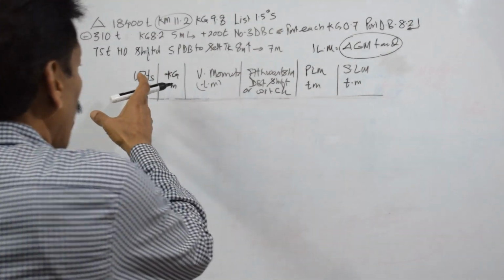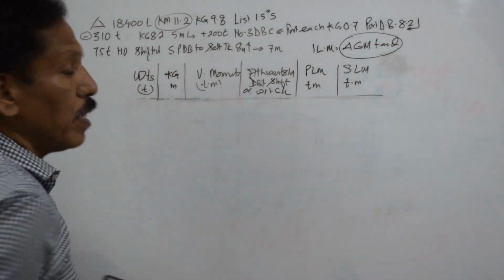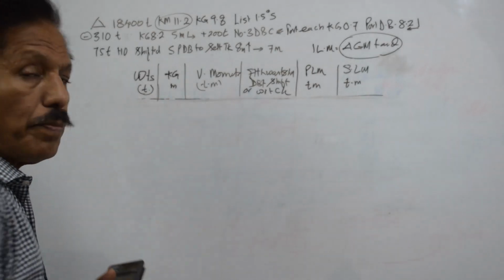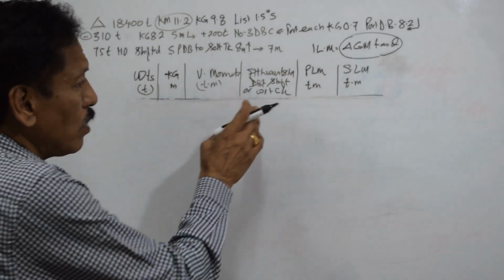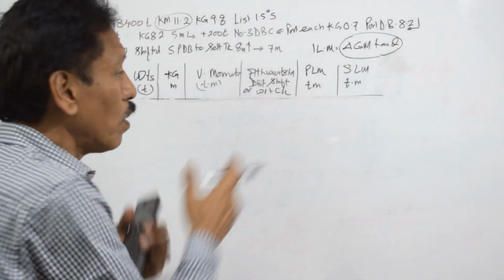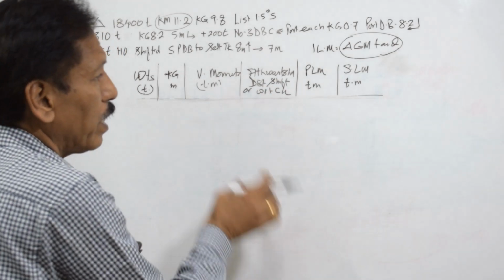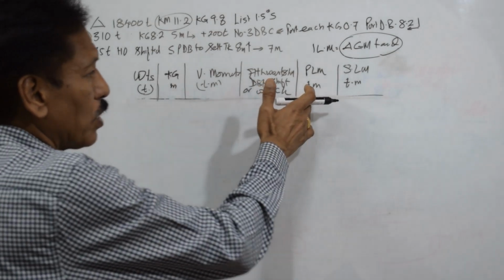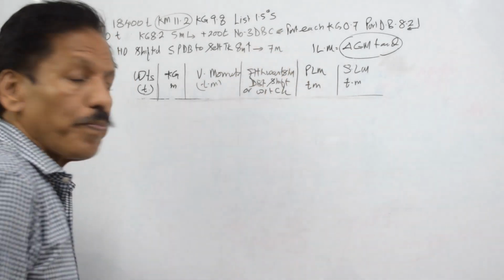The columns are weights in tons, KG in meters, vertical moments, that is the product of first and second column. Then the reference position with respect to the center line, or the amount of transverse shift, will be indicated here. This column may be omitted actually. You have port listing moment and starboard listing moment.